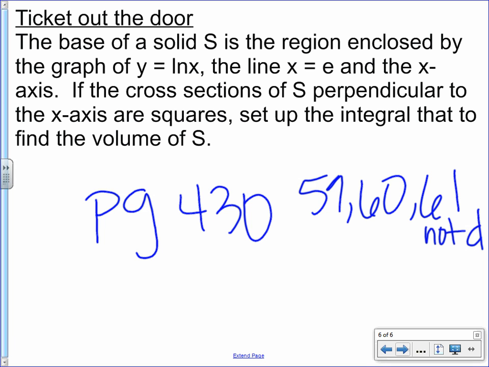You may consult each other. Okay, that's good. So x is e is gonna be where? Yeah, over here, somewhere. So x equals e. Somewhere over there. So it's gonna be right there.